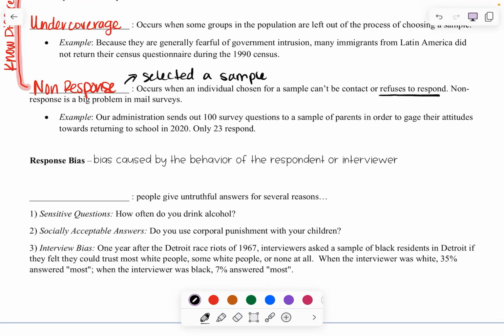Or did I not select a sample and I just had it out there for my population to see? If that is the case, it is voluntary response. So non-response is you picked them and they didn't reply. Voluntary is you didn't pick them and the people with strong opinions did reply. So that is one that gets mixed up quite often, just like stratified and cluster.